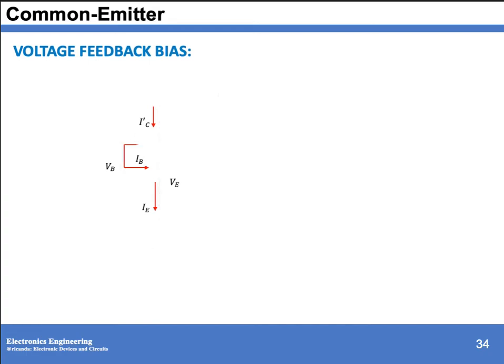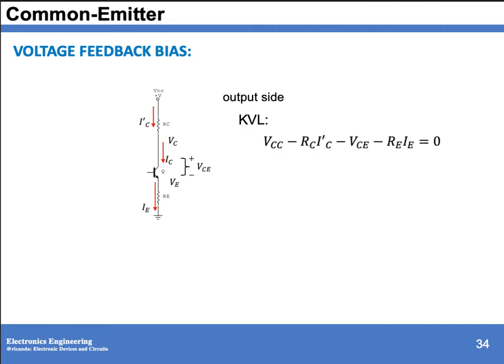Then at the output side, that is our VC with respect to ground, and between collector to emitter is your VCE. Applying KVL, we have VCC minus RC IC prime minus VCE minus RE IE equals 0.